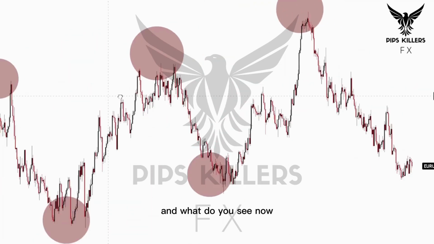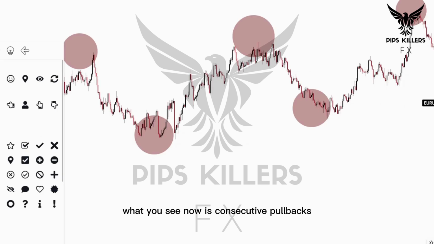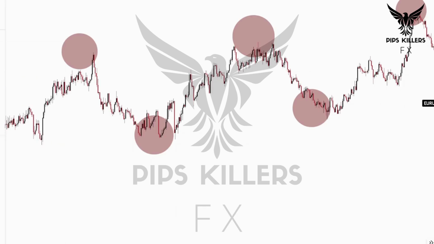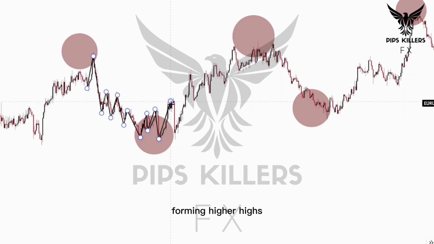And what do you see now? What you see now is consecutive pullbacks. You see multiple complex pullbacks, making new structure, making lower lows within our initial structure. Now a change of character, forming higher highs.